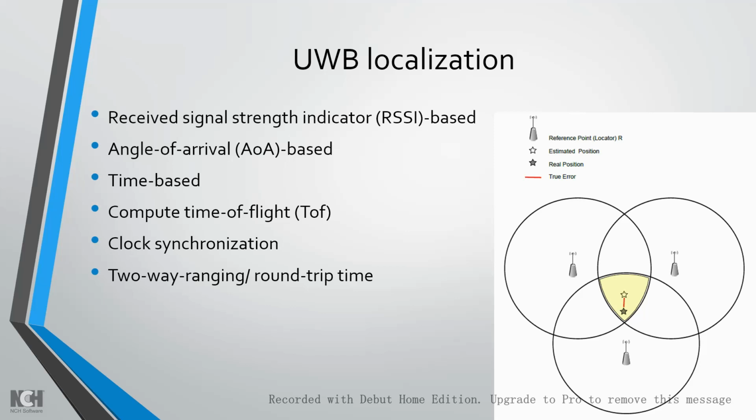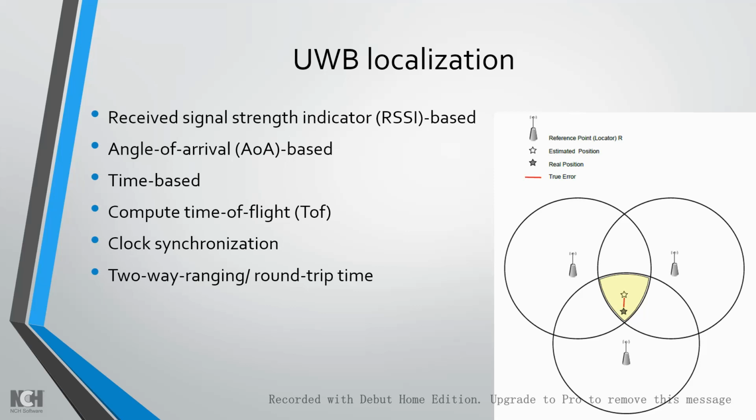There are also two ways to compute the time of flight. One is clock synchronization. The clocks are synchronized in the whole system, and just recording the transmitting time and receiving time will give the time of flight. But clock synchronization is not usually implemented for indoor localization.